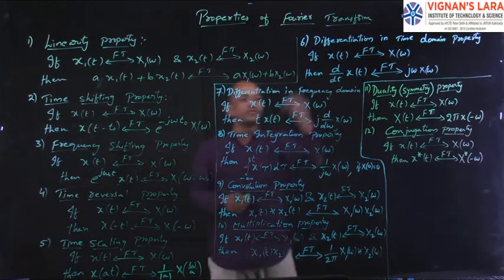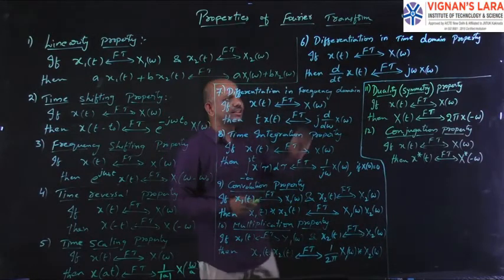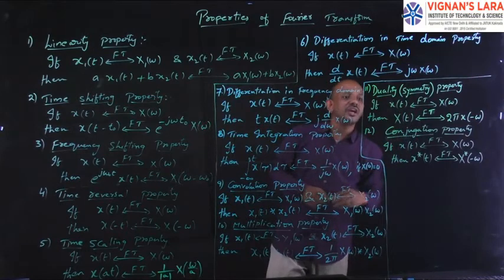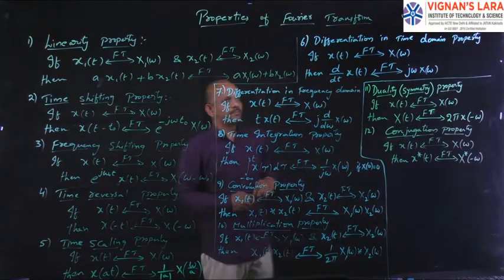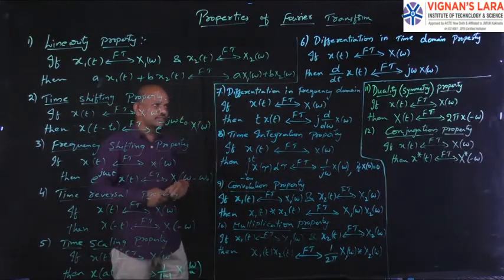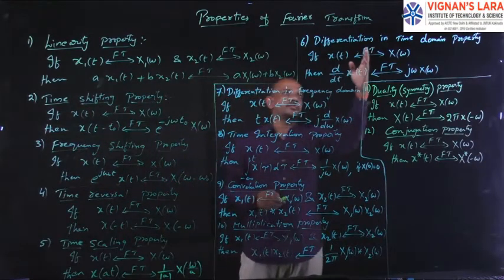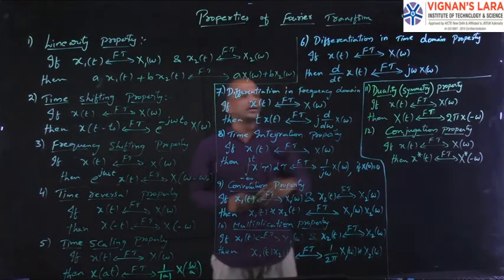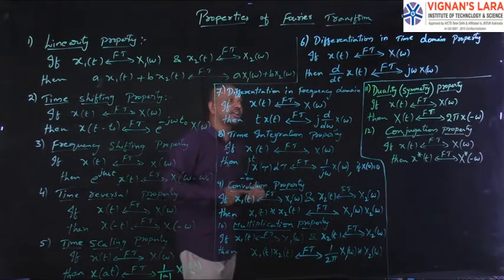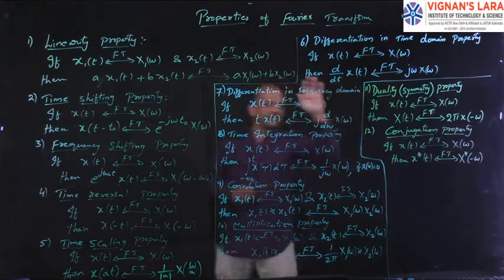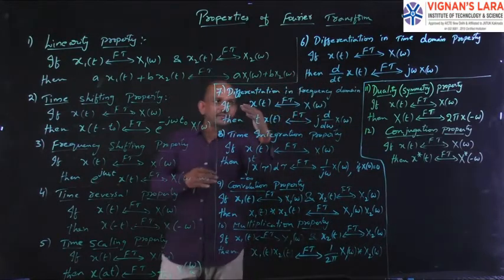Whenever we differentiate the given signal, in its Fourier transform the X of omega will be multiplied with j omega. Simple. So this is differentiation in time domain. Now go for the differentiation in frequency domain.